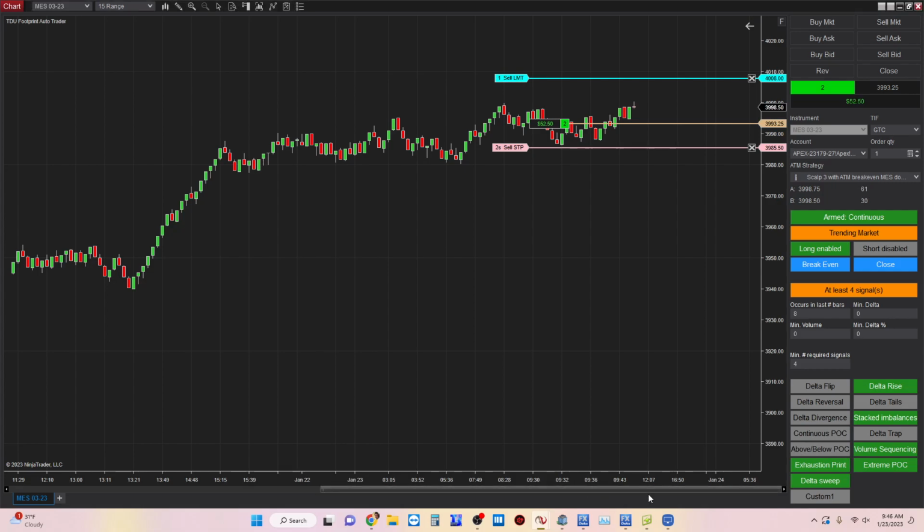And then this one has got different strategies, and then you can make it so that it's harder for it to be validated for a trigger. And I made it so that it's required to have at least 4 of these signals at any given time before it gets me in. And then I want it to go in one direction, which is long, because we have that 15-minute breaker we want it to go touch.